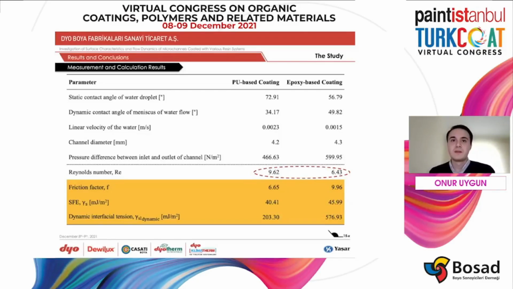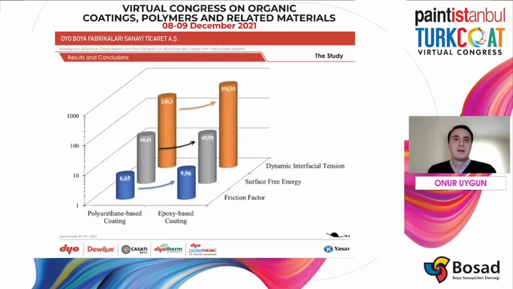So all these values were plotted for polyurethane and epoxy-based coatings on a logarithmic scale to visualize these comparisons. The overall 3D graph of friction factor, surface free energy, and dynamic interfacial tension for polyurethane and epoxy-based coatings showed that there is a certain relationship between these parameters.